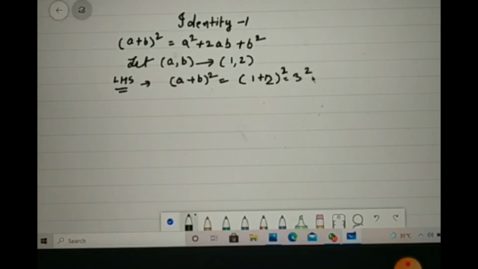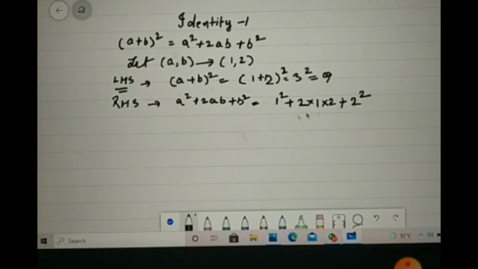We know 2 plus 1 is 3, whole square is 9. So now we have LHS 9. We are going to see what is RHS. RHS is a square plus 2ab plus b square. Now again we substitute the values of a and b. a is 1, square, plus 2 into a is 1 into b is 2, plus b square is 2 square.